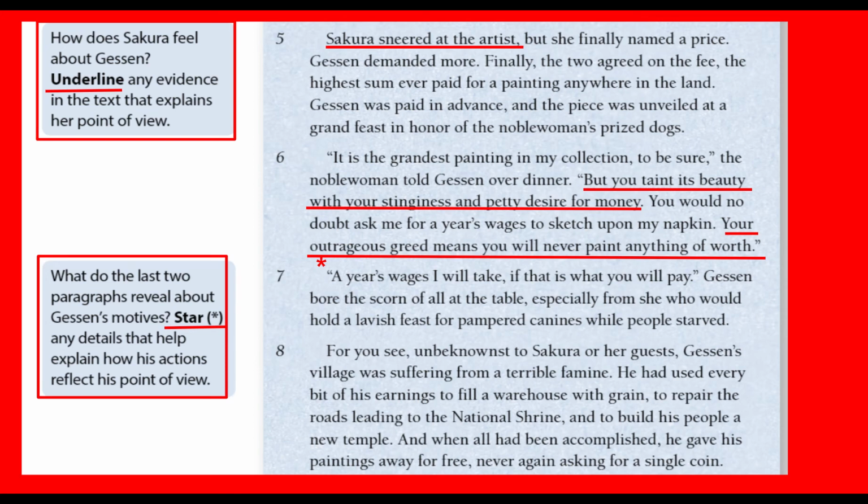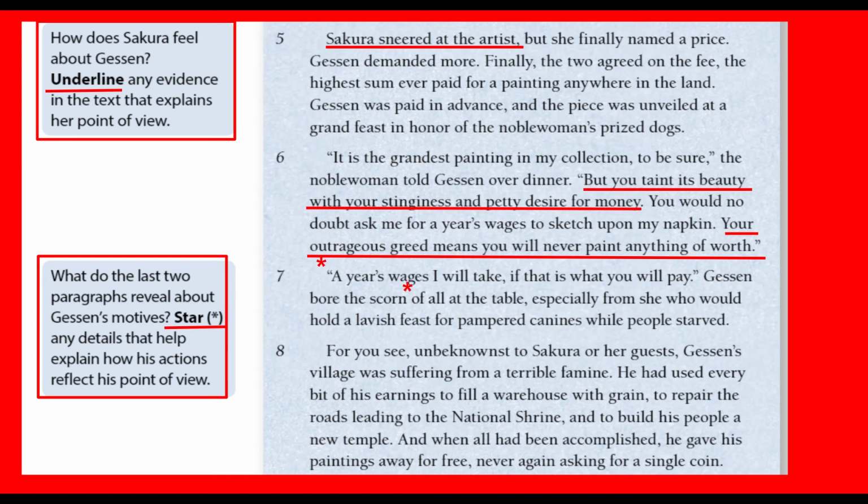Okay, so he's pretty much saying if she wants to pay a year's wages, he'll take it, right? So this one explains that he's going to take what she will pay. So if she wants to offer up more money, he's for sure going to take it, right? But we know he has good intentions. So let's get to some of those good intentions that help us understand his point of view.